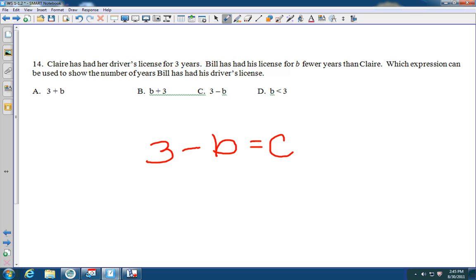See, you have to be careful right here because I'm looking through what it's asking. It says, write an expression that can be used for the number of years Bill has had his driver's license. So if you took 3 minus Bill's, that equals Claire's. Well, how do we change that around? Because I need Bill by itself. So instead, we look at this, and Claire's supposed to have more than Bill.